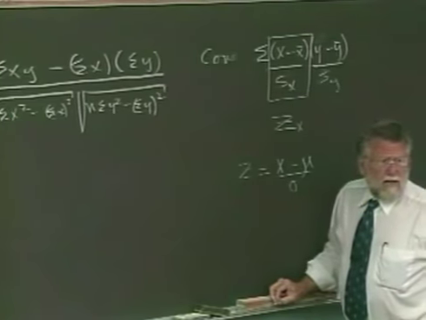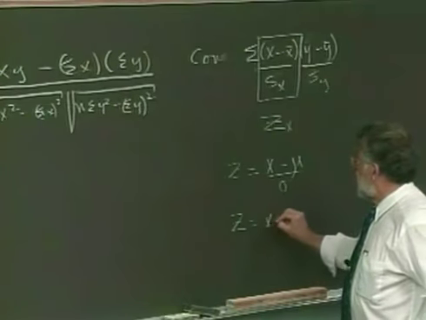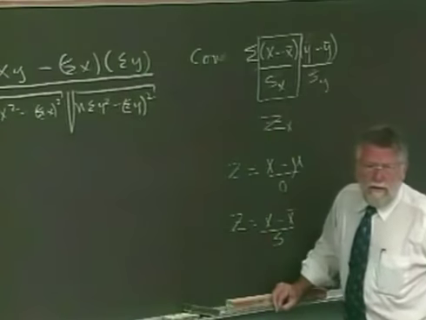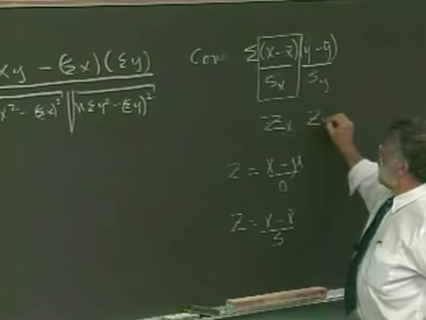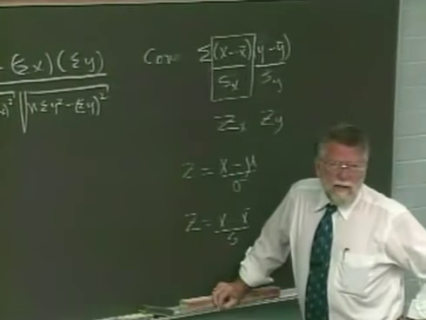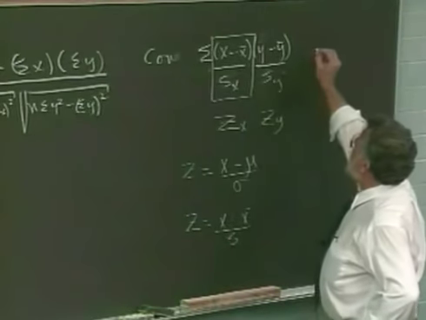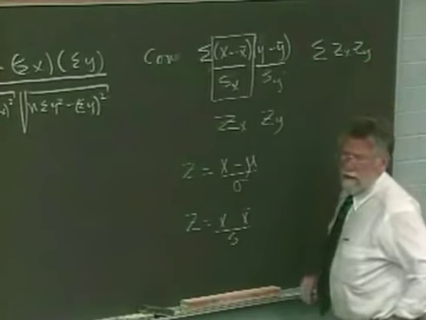But if we don't, and we have x bar and s, then we say simply that z is equal to x minus x bar over s. So that would be a z sub x, and this is a z sub y. So I could rewrite this as the summation of zx, zy.